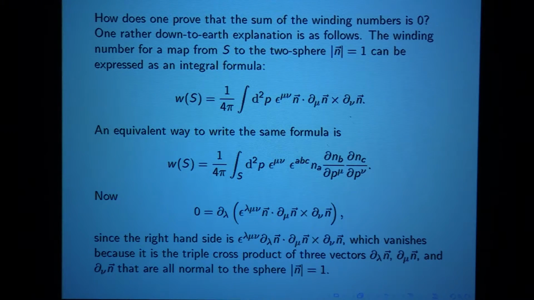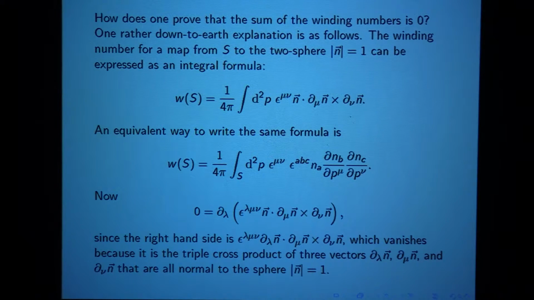But if the derivative acts on this first n, then we get 0 for another reason, which is that since n lies on a unit sphere, its derivative is a tangent vector to the sphere, normal to n itself.